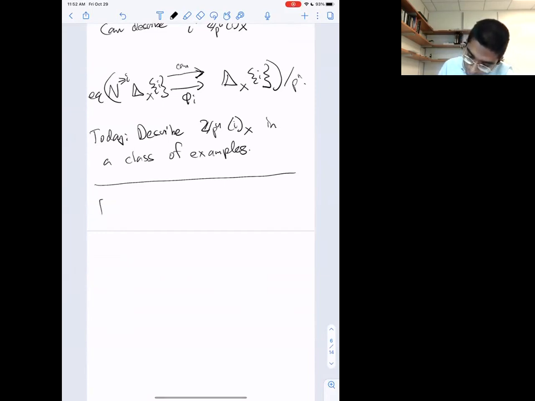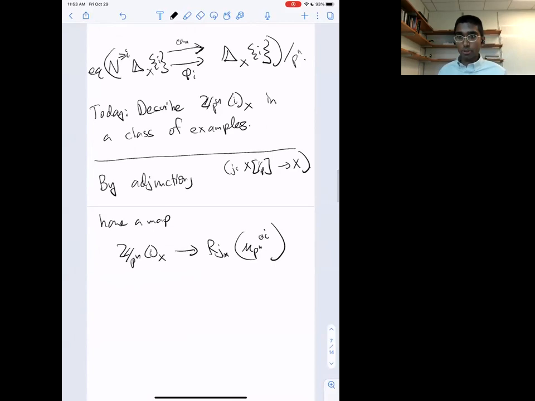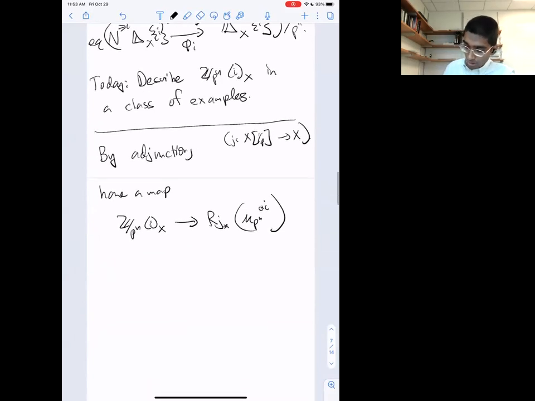So by adjunction, you have a map from Z mod p^n twisted by i sub X to Rj lower star of mu_{p^n}^{⊗i}, where j again is the inclusion from X adjoin 1 over p to X. So you always have a comparison map from these objects to the usual Tate twists. Basically, what I want to do is refine this map in various ways.